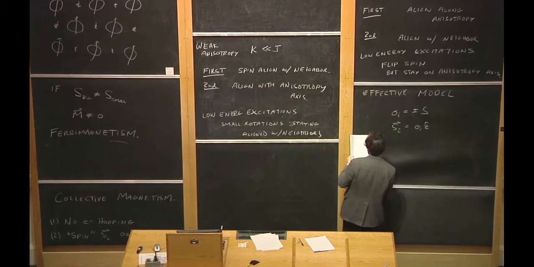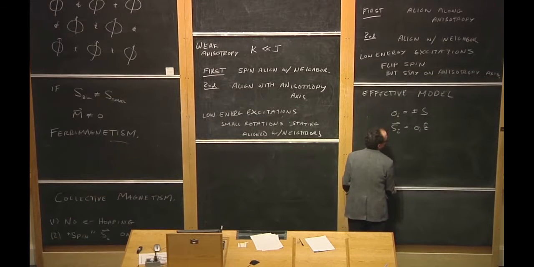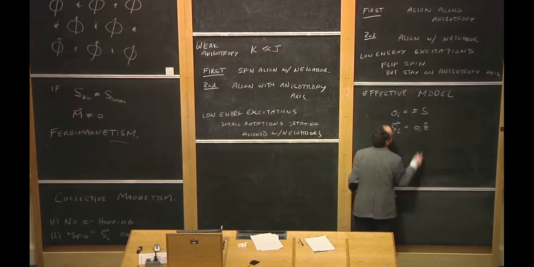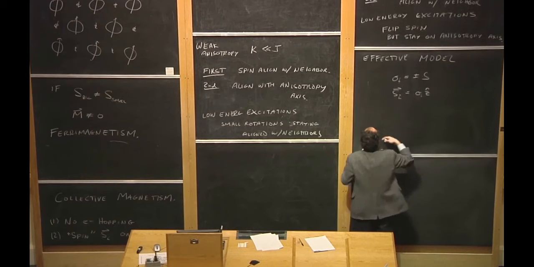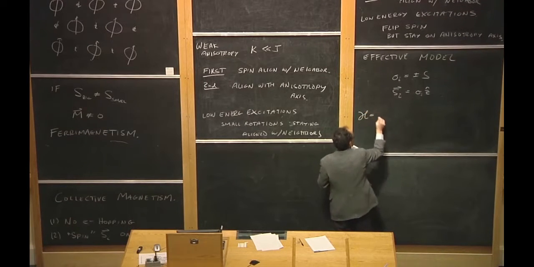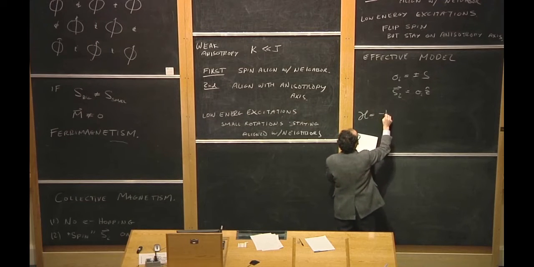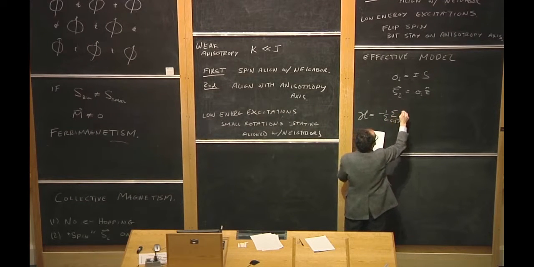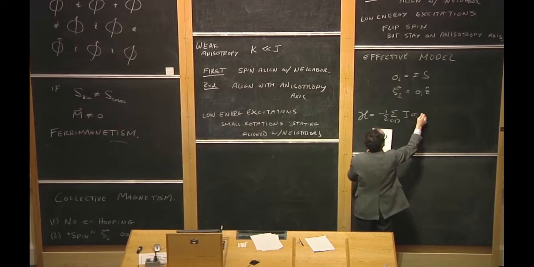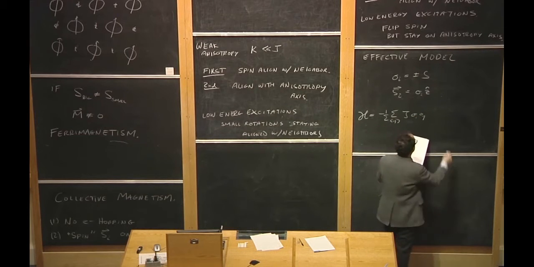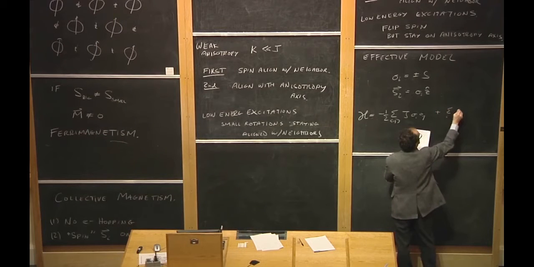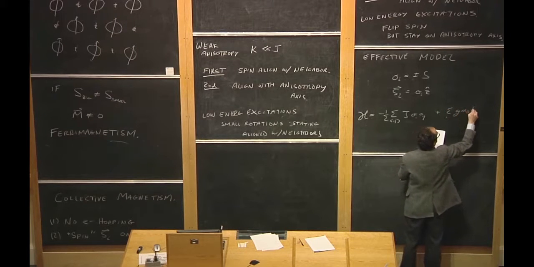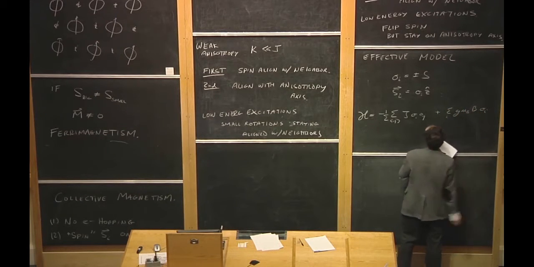And then we can write out our Hamiltonian, very similar to the Heisenberg form. H equals, okay, so there'll be minus 1/2 sum over i and j neighbors, J sigma_i sigma_j, and then plus, we'll couple it to the external field, g mu_B B sigma_i.